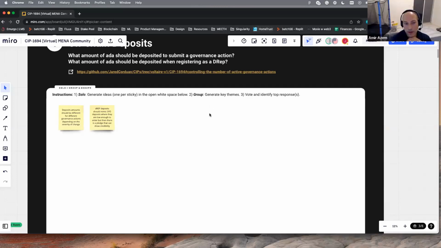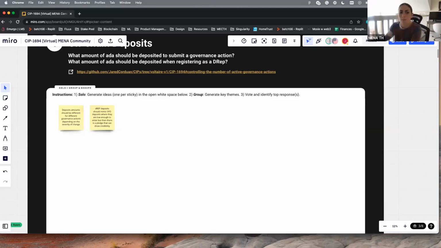I think for the first part, the governance action, because it's a serious issue, especially the first ones, I foresee that that number should be very high. And it is a deposit after all, so you're not spending that. You're just locking it in, correct? This is what I understand. Yeah. But it should be large enough that people putting in that deposit and locking it in have formulated a serious proposal or commitment.